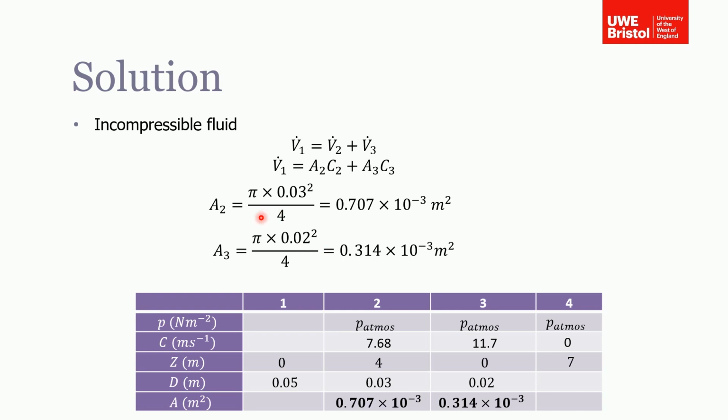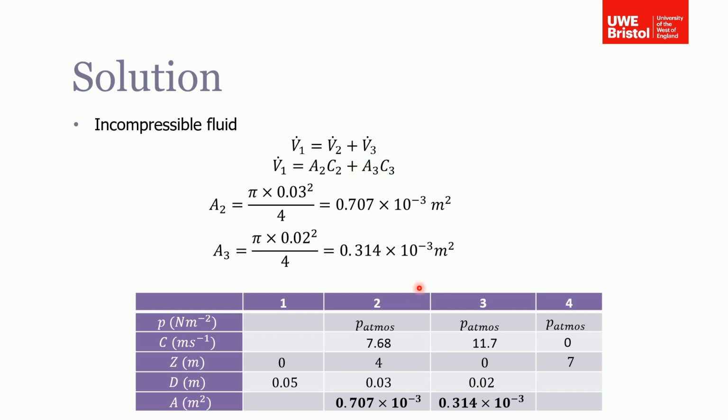Okay, so finally we're getting there. We're getting all the information we need. To find the volumetric flow rate in 1, we can work it out from continuity, and we know for an incompressible fluid, what comes in must go out. So we've got the volumetric flow rate in pipe 1, which is split into the volumetric flow rate in pipe 2 and pipe 3. We don't know what this is, but we can work it out because the volumetric flow rate is equal to the area times the velocity through that area.